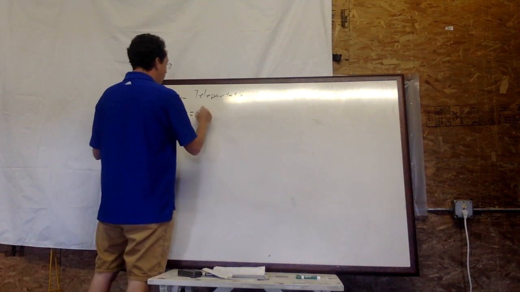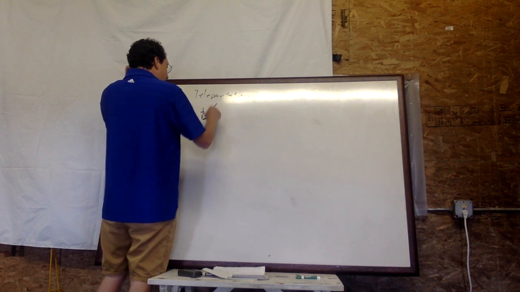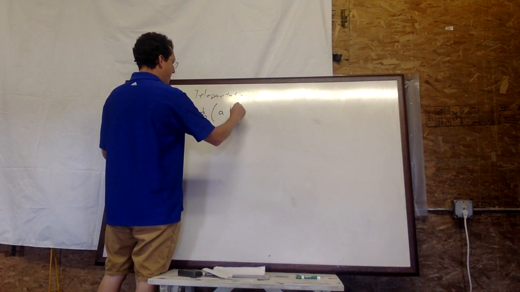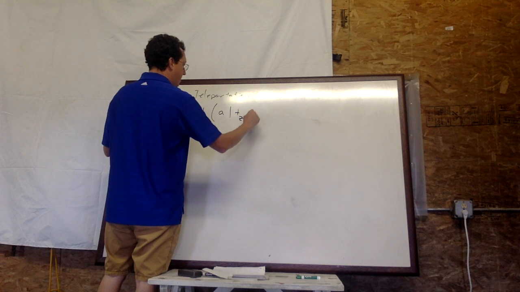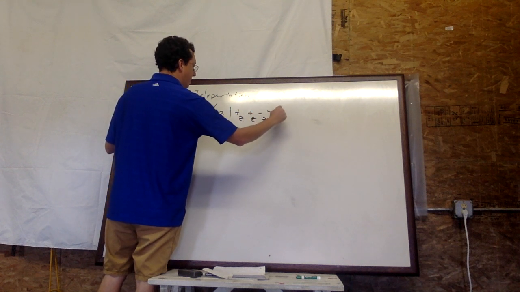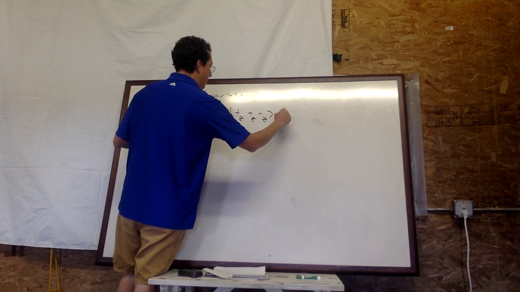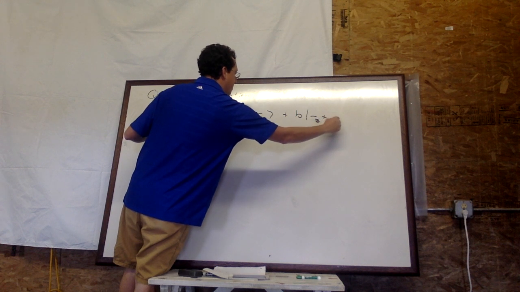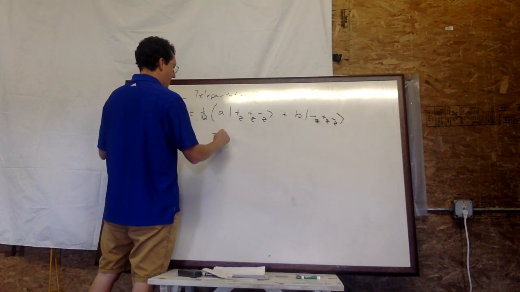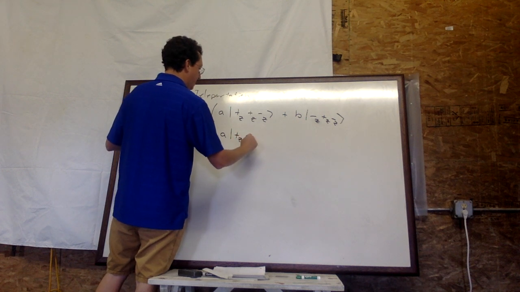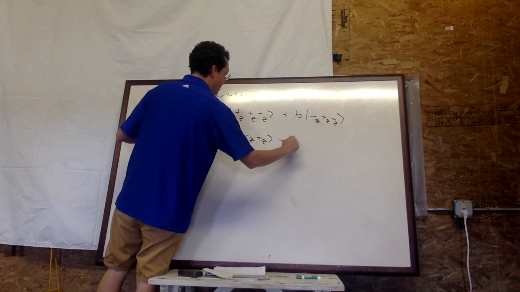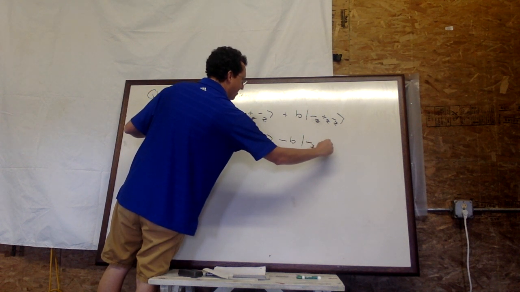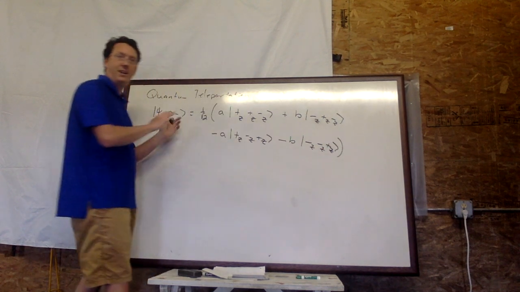This was 1 over root 2, and then she had, let me write these all down here: plus z minus z plus b minus z plus z minus z minus a plus z minus z plus z minus b minus z plus z. That's what I had at the beginning.